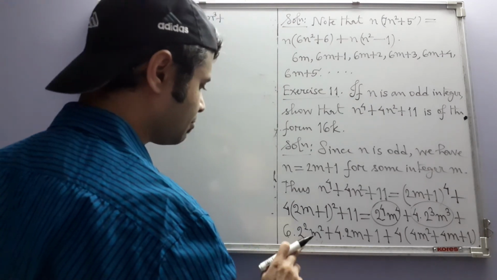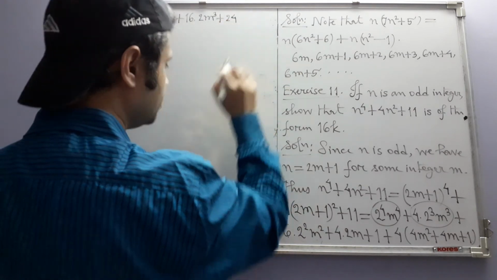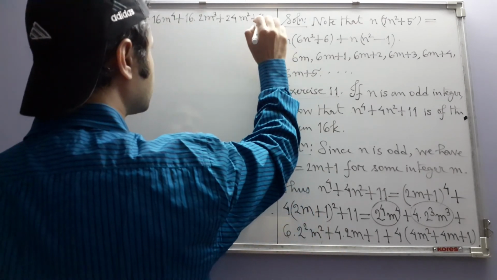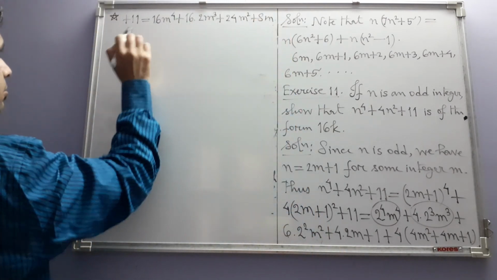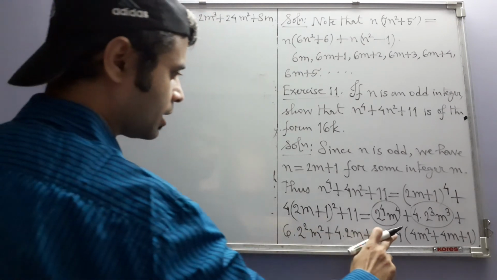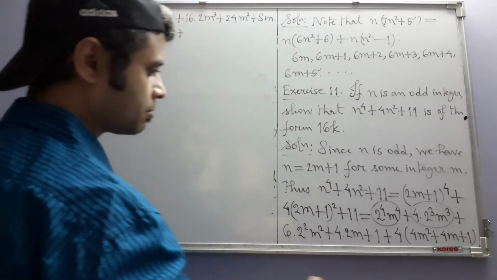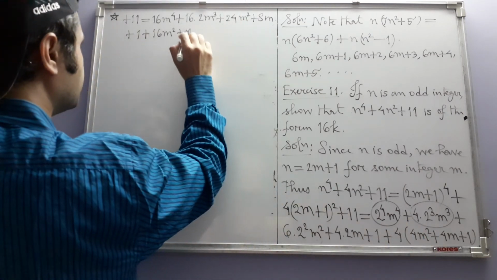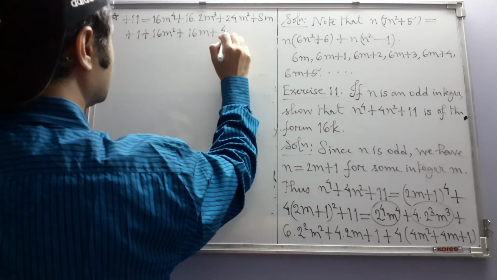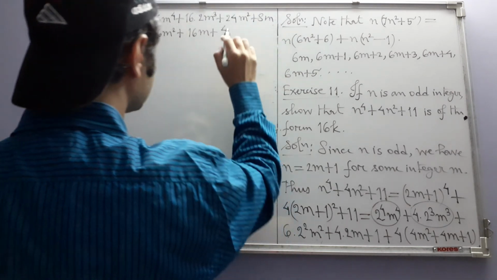This, however, we have to calculate. 4 times 6 is 24 m square plus 8m plus 1 plus 16m square plus 16m plus 4. Okay, plus 11.